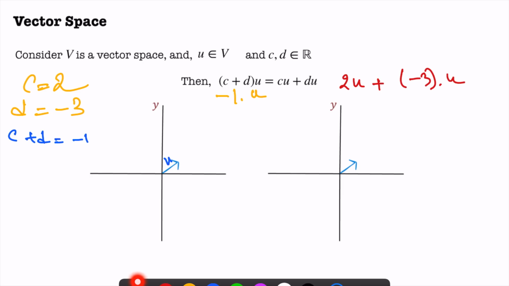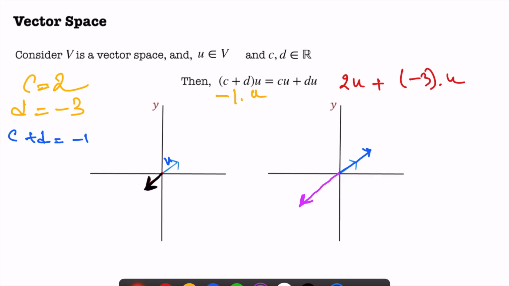In the left hand side, minus 1 u means this is just this. In the right hand side, we first calculate 2u, this is 2u, and minus 3u is this one, let's say.